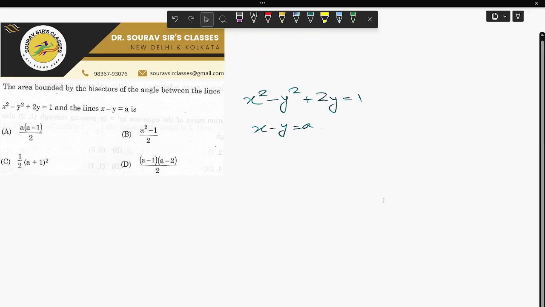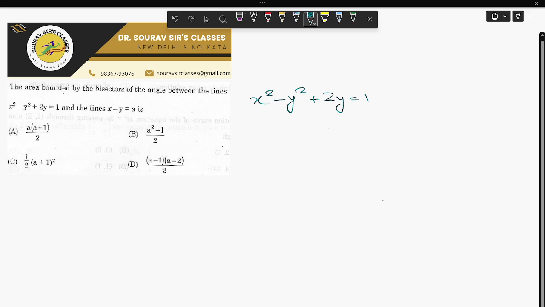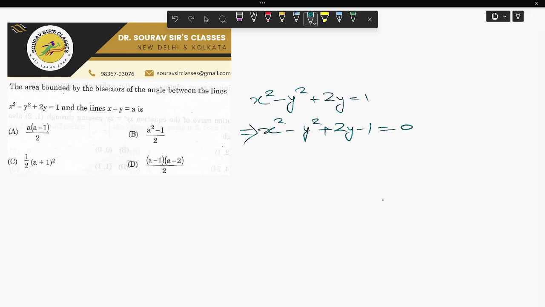Now we can write x square minus y square plus 2y minus 1 equals 0. That can be written as x square minus (y minus 1) whole square, that is equals to 0.